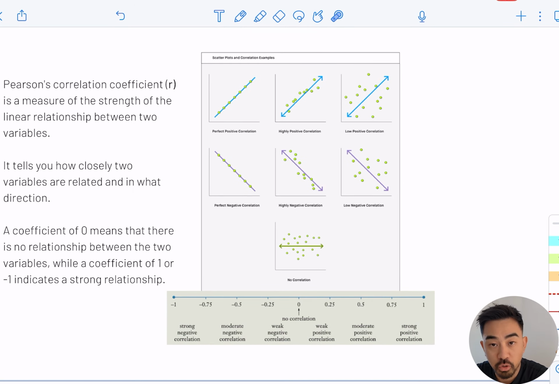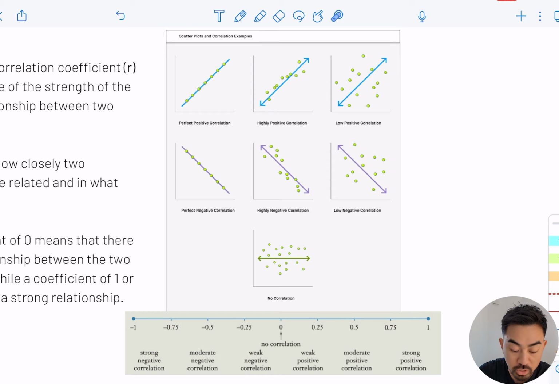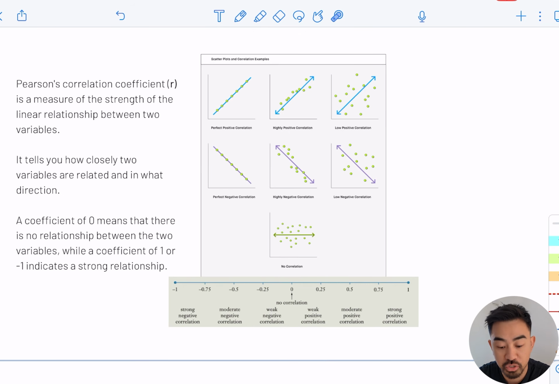Okay, now we're going to talk about how to actually quantify correlation. In this course, we're going to use what's known as the Pearson's correlation coefficient, which is given by the letter R, and it just represents the relationship as a number. The correlation coefficient ranges from -1 to 1.